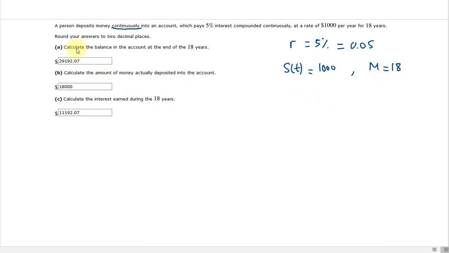Now find the balance in the account at the end of 18 years. So at the end of 18 years, that means the future value after 18 years. And we know the future value formula: e to the r m times the integral from 0 to m of s of t e to the minus r t dt. This is the future value of the income stream of payments.